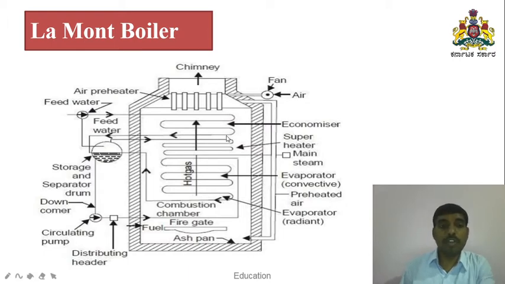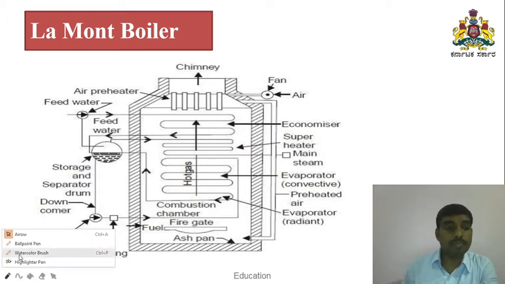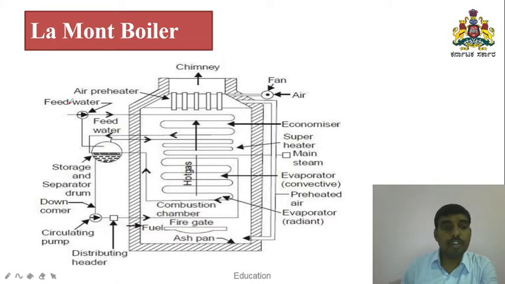So let's take here the water. The feed water comes from the source and flows to the economizer. Here the economizer will preheat the water. So how will it preheat?